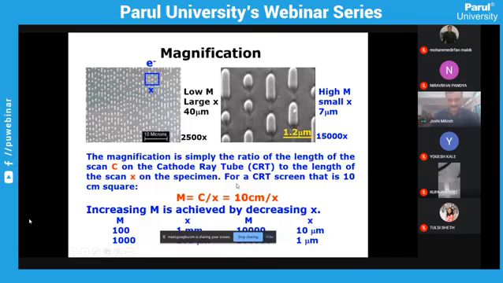When you take the ratio of that, you have the magnification. I have given you an example over here. This is 10 micron size, and this is 1.2 micrometer size. Higher magnification may be available by using different scanning and CRT combinations.